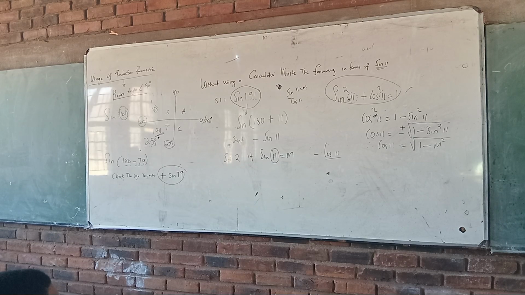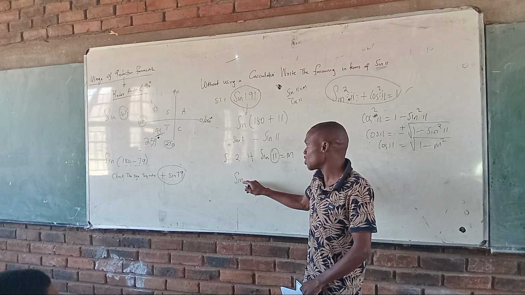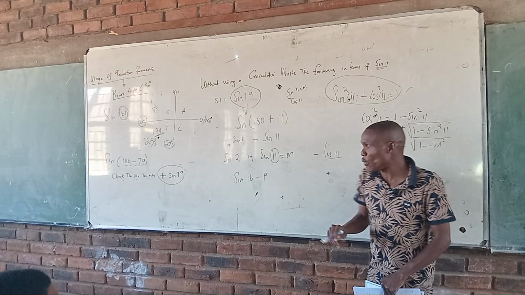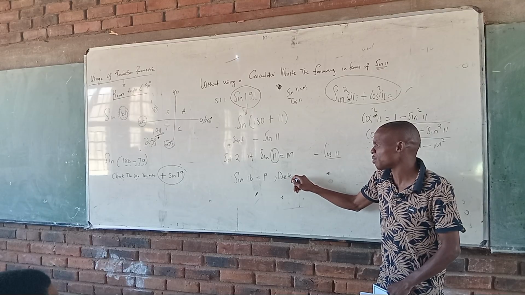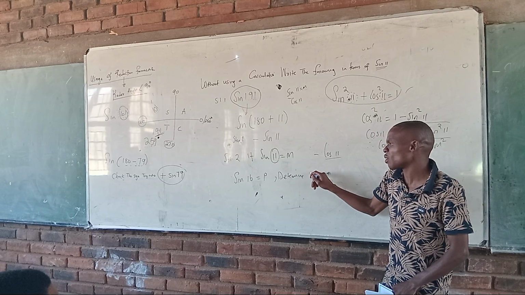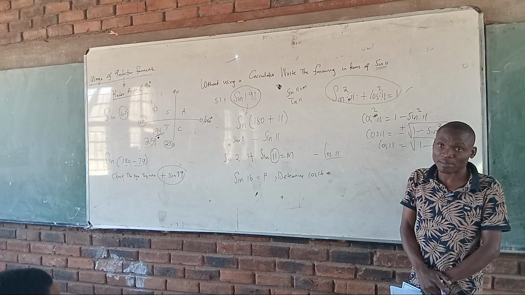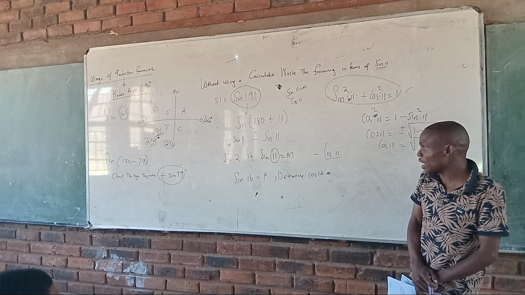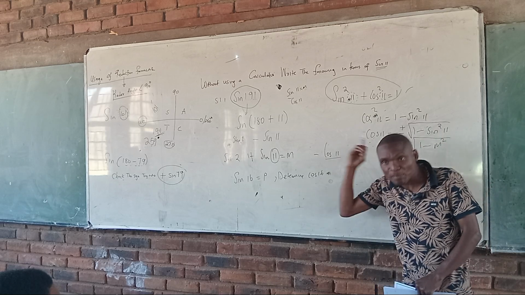You seem confused. Okay, this is easy. When sine 16 is p, determine cos 16. There are many ways to approach this problem. Again, sine 16 is p. Determine cos 16 in terms of p.